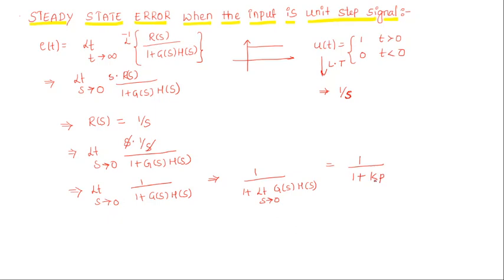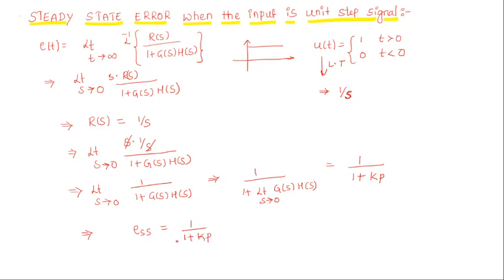So this is the steady state error when the input is a unit step signal. Limit s tends to 0 of g of s into h of s is nothing but Kp, the positional error constant. I am representing the steady state error as ess, which is equal to 1 by 1 plus Kp.